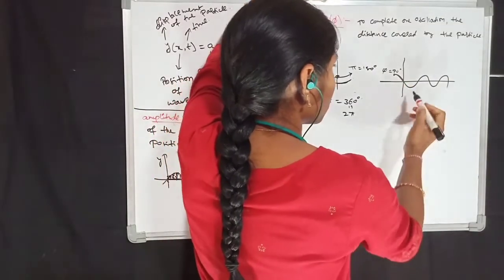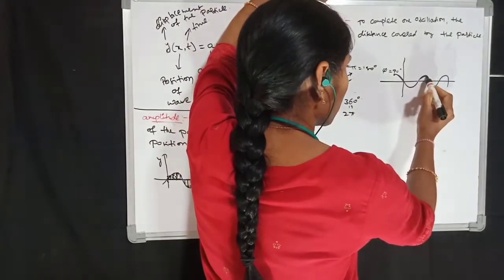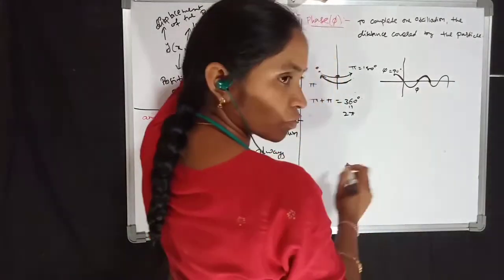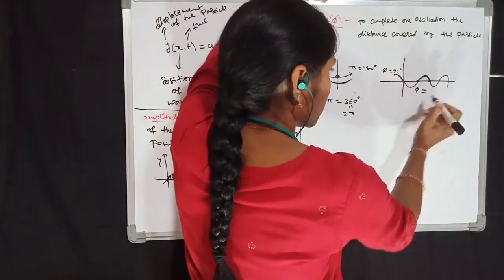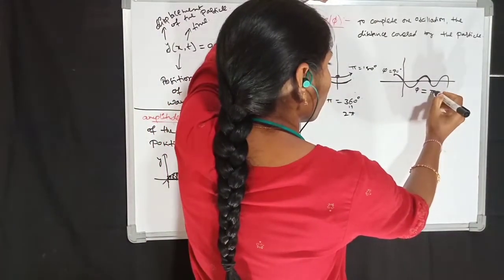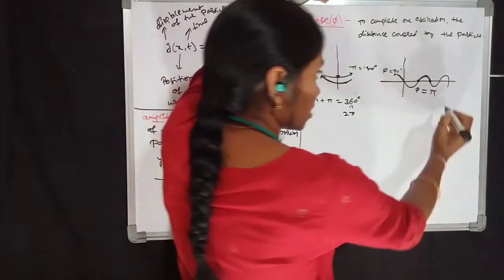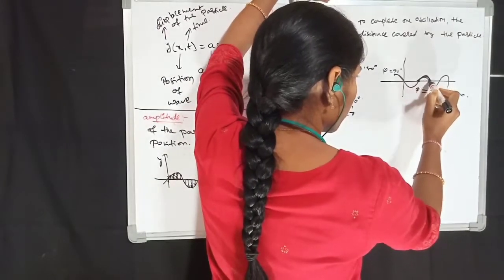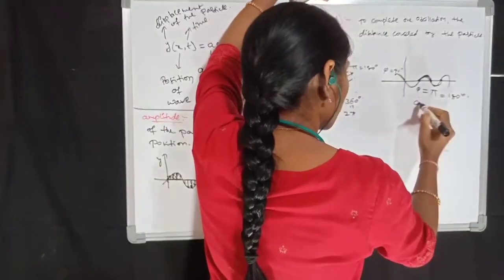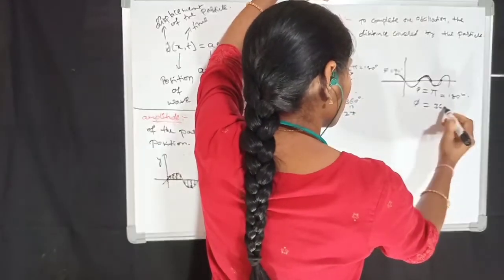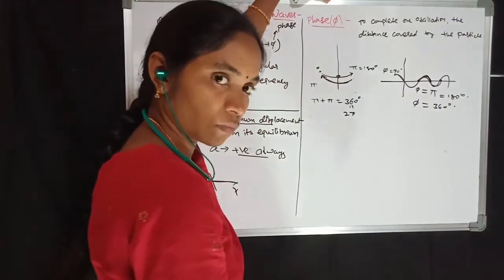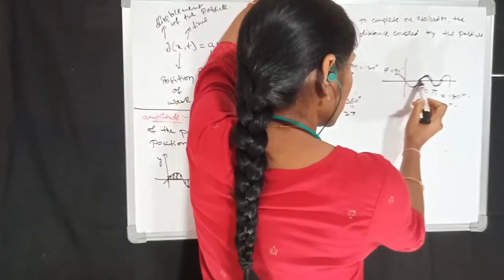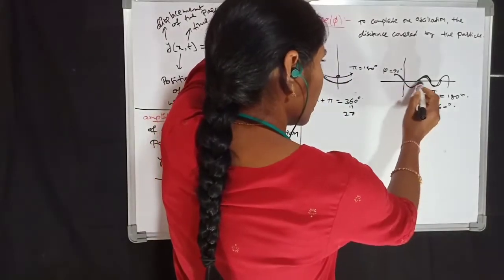If you consider this part, from this point to this point, phi is 180 degrees. And if you consider this portion of this wave, the phase here is 360 degrees. So this distance is nothing but 180 degrees.